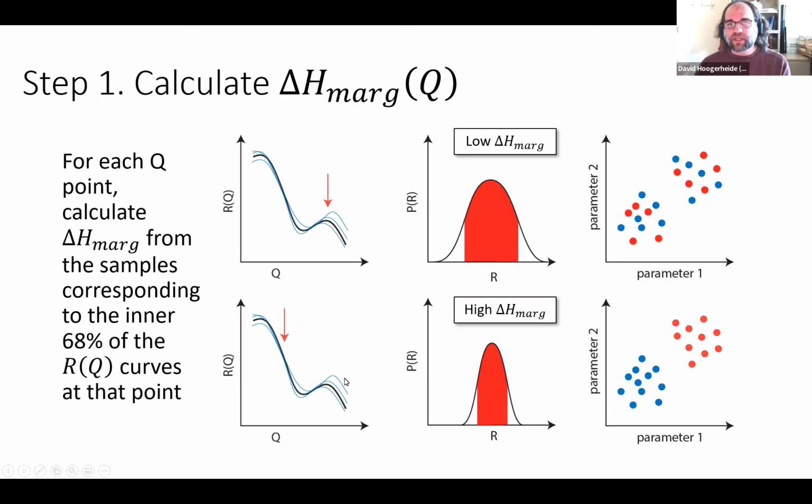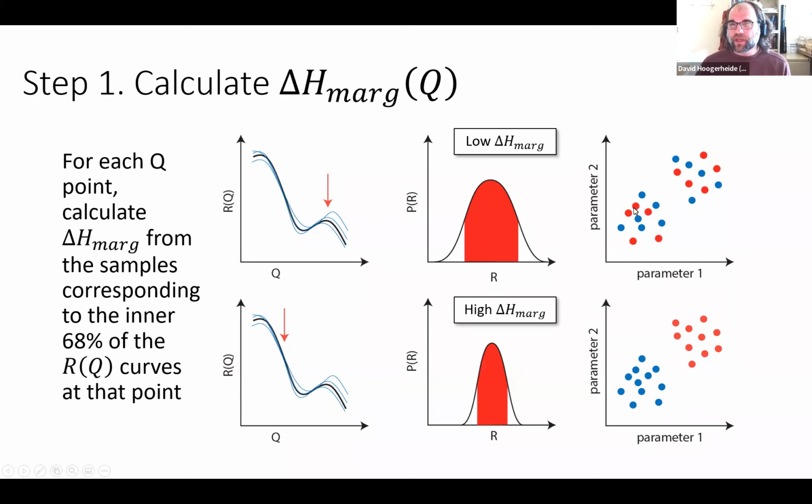By contrast, if I were to measure somewhere else, let's say here, and I were to do the exact same procedure, maybe I would find that the tails of the distribution all correspond to this cluster of parameters, in which case I've learned a lot about my parameter space, because now I can exclude this entire cluster of parameters. Both parameter 1 and parameter 2 are going to have a smaller variance than they had before.